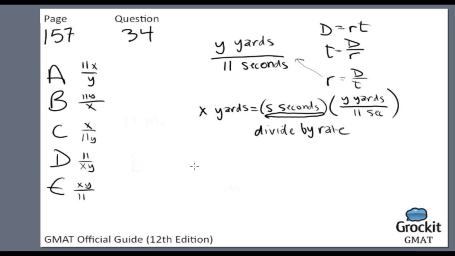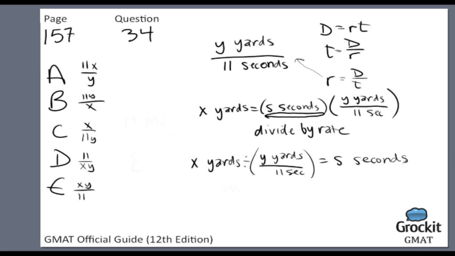So then that's X yards divided by this quantity. And you may remember, or actually that is perhaps a little bit less forceful than I should have been, you absolutely need to remember on the GMAT, when you divide by a fraction, that's the same thing, or the process of doing so is inverting the fraction and then multiplying.